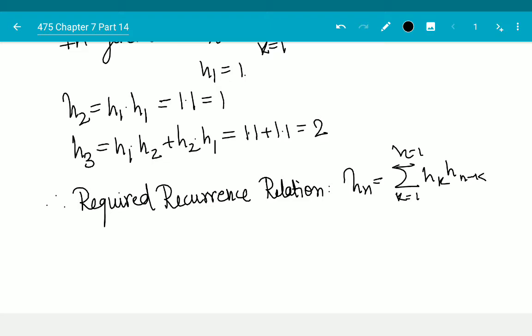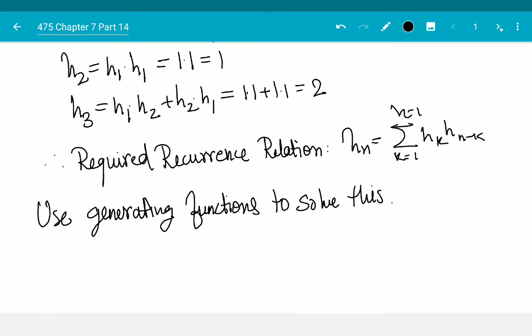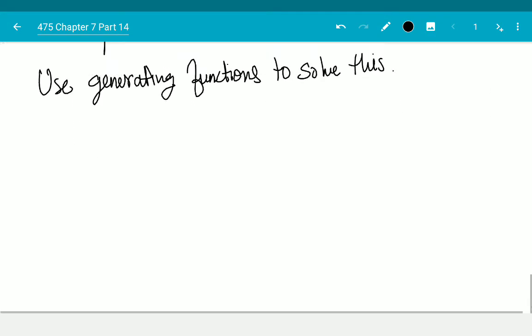The only way we have of solving it is via generating functions. Once again, generating functions is the only method that is going to work because none of the things we did before had anything of this sort being multiplied.